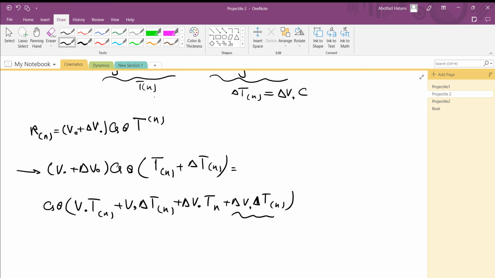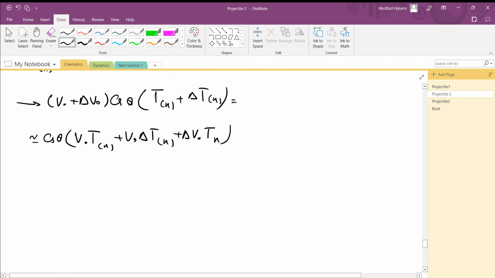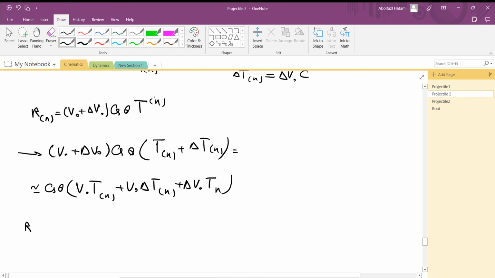If I substitute this here, we have two delta v0s multiplied by each other, so we can neglect this term and make the approximation and call it 0. And so here we understood that rn equals rn plus delta rn.